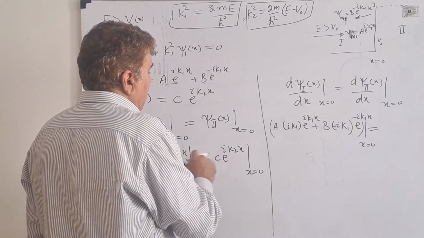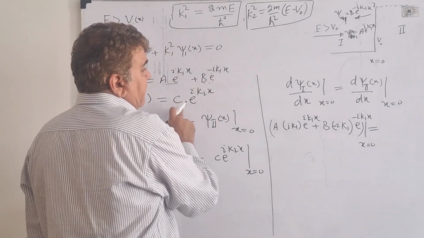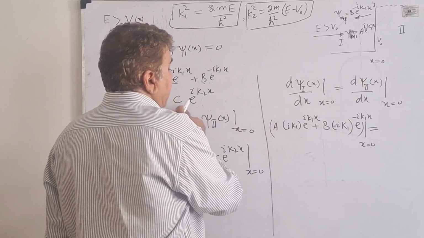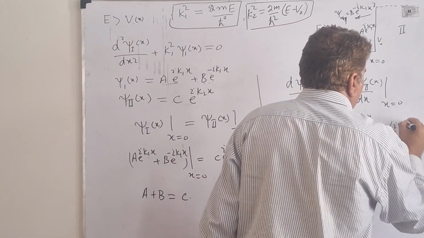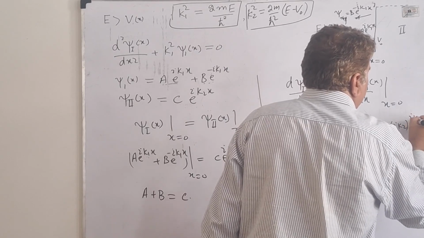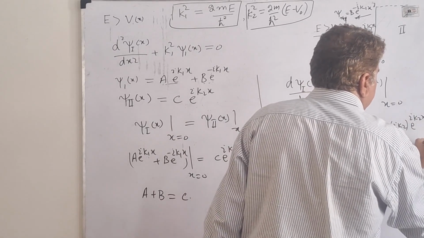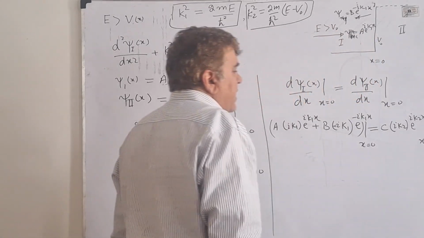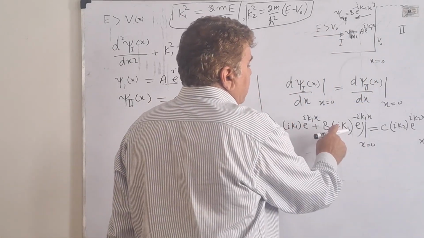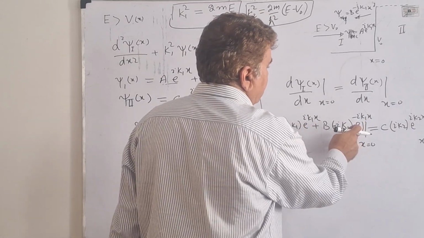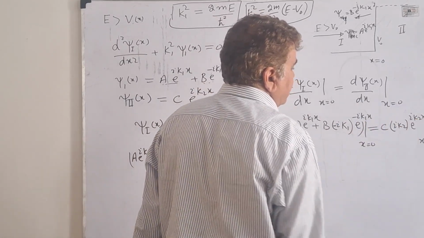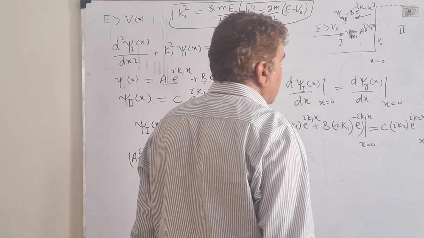And now if I put the value of this wave function at this position, I just get C times i k2 into exponent i k2 x at x equals 0, and put x equal to 0 on this side and this side. This exponent would become 1, this exponent would become 1, and similarly this exponent for x equal to 0 becomes 1.